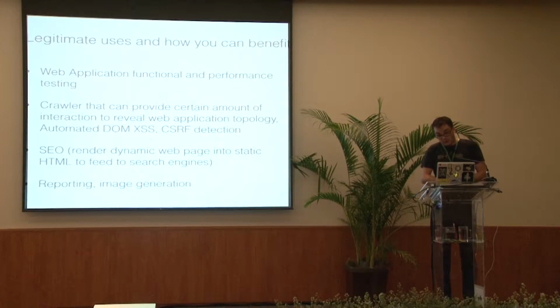And SEO used to use Phantom.js a lot, because until two or three months back, Google's crawlers, the indexers, didn't really understand JavaScript. People with highly dynamic web applications, especially using something like AngularJS, would use Phantom.js to generate the end result, the web page that people see in the browser, and then serve that page to the bots.